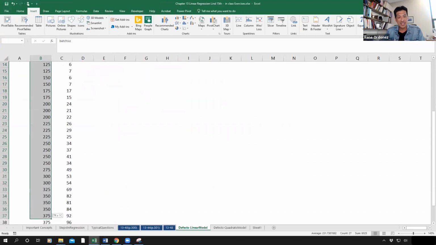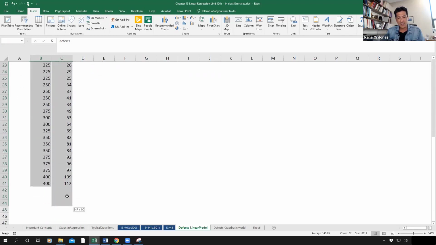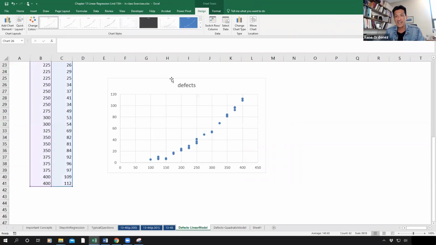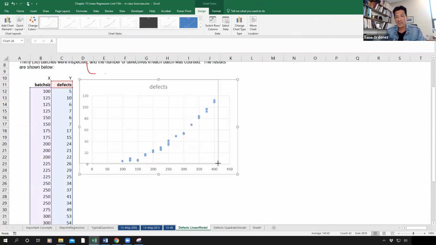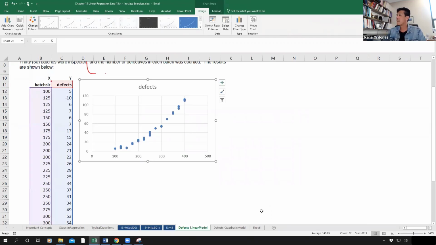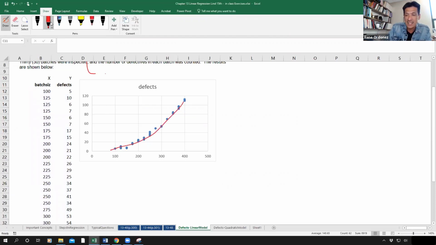We'll highlight batch size and then highlight defects. So at this point, I'm just generating the scatter plot. Select this option. All right, here's your scatter plot of batch size and defects. Okay, now it's quite obvious here that this relationship is a little bit curved, meaning nonlinear.